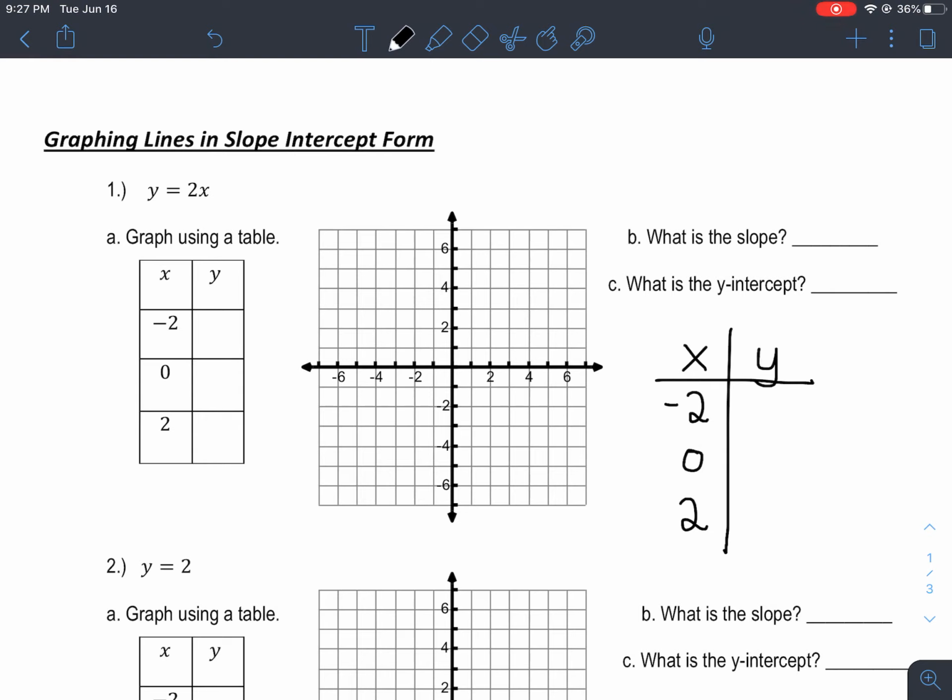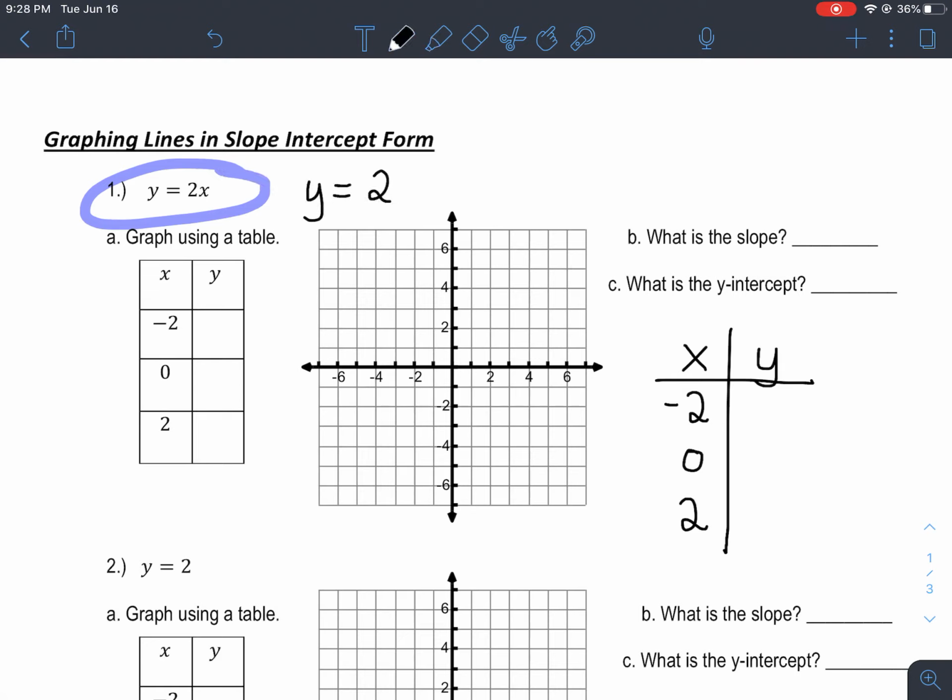Okay, so if I know that x is negative 2, how could I generate y? I want you to think about that for a second. If I know x is negative 2, what is y? So I'm sure a lot of people got that. If x is negative 2, I could use the equation to easily find y.